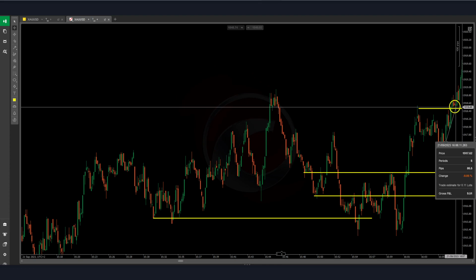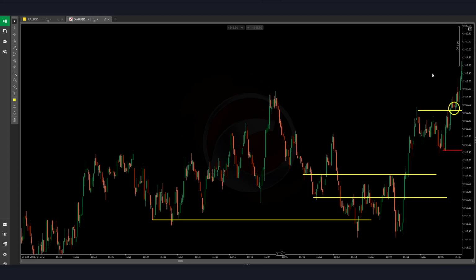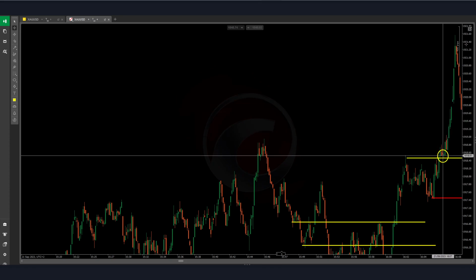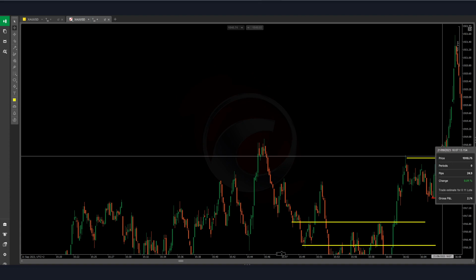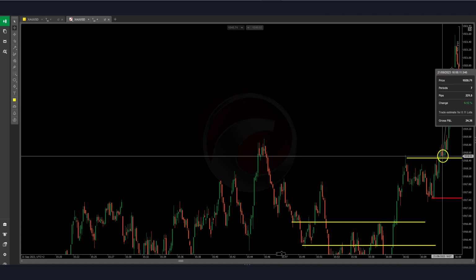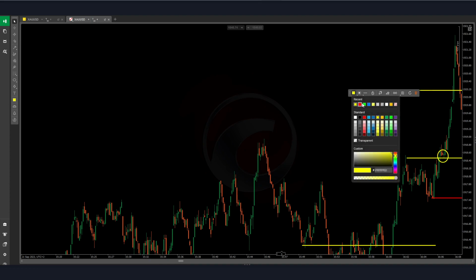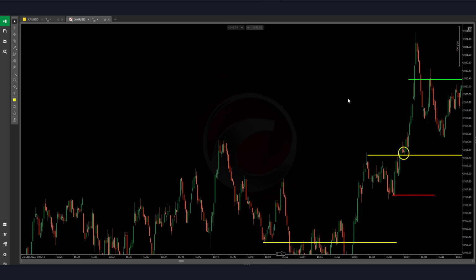So now basically a 10 pip stop loss will be over there. And when we see the price move up, we already go to our TP. We'll probably sell it above there for 20 pips of profit, even though it will go to around 30 pips.